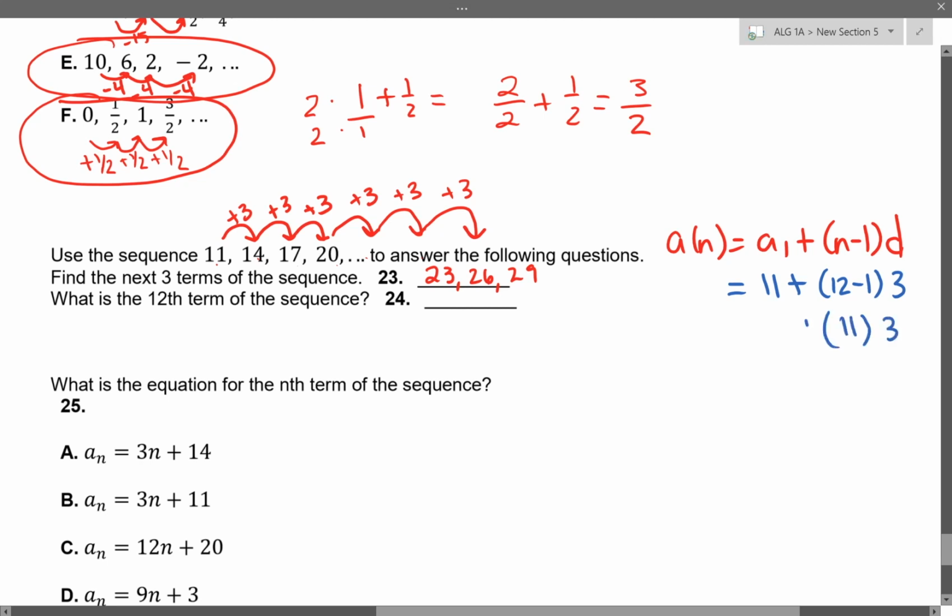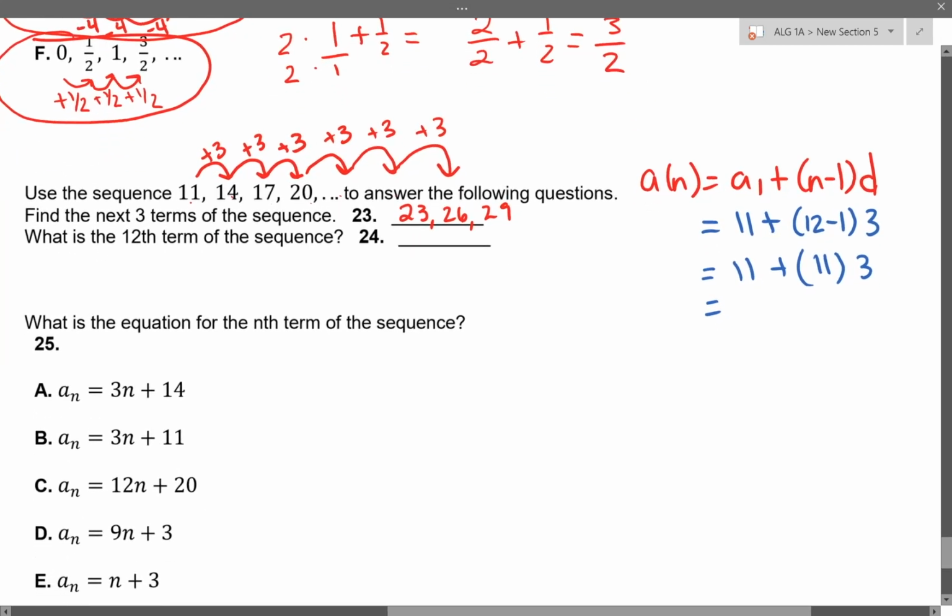Times that by 3 and add it to 11. 11 times 3 is 33, plus 11. 11 plus 33 is 44. And my 12th term would be 44.